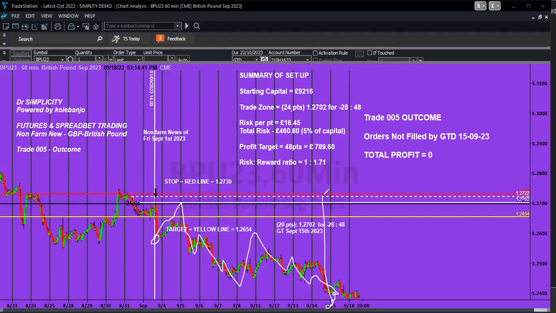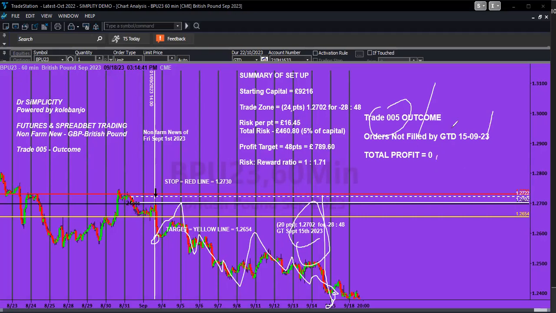So according to our rule of trading, if this wasn't triggered by that good till date of the 15th of September, which we have here, we will delete the order. And that is what we did. So the outcome for trade 005 is that the orders were not filled as of the good till date, and so we deleted the orders.